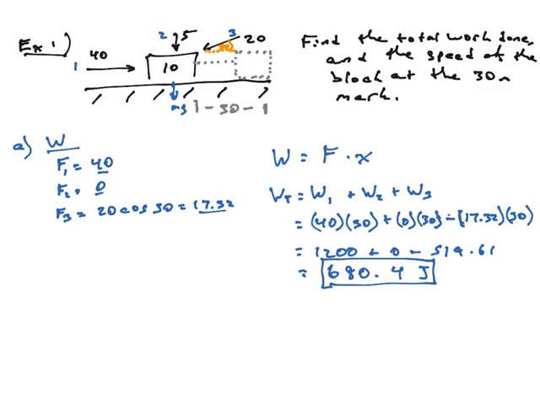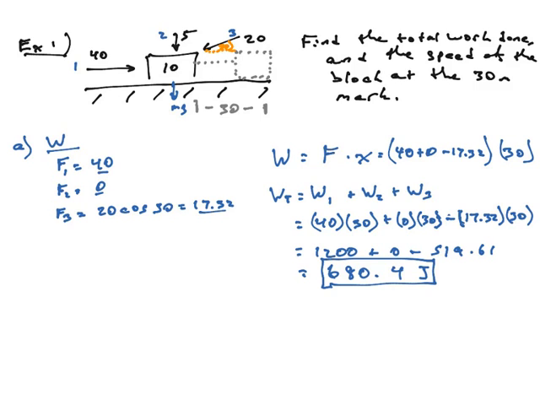Of course, the other way I could have done it was I could have said, well, the force, so let's see, I've got 40 to the right, plus 0, plus minus, of course, because he's to the left, minus 17.32. Does the total force times the total distance of 30, and I'd get the same number. It just depends on how you like thinking about it.